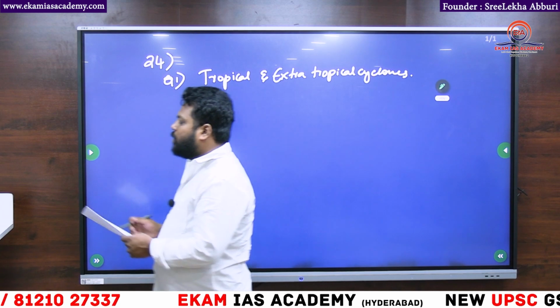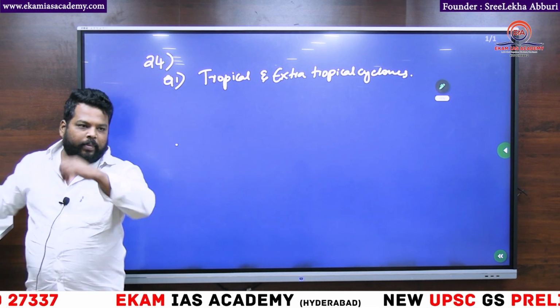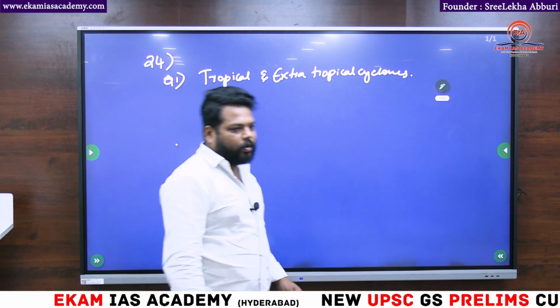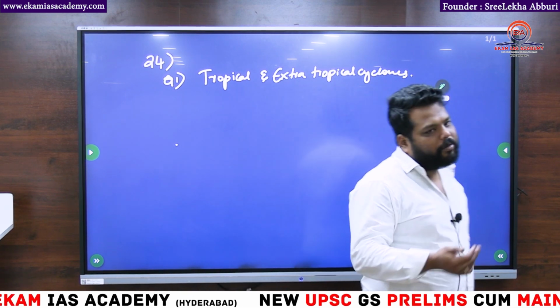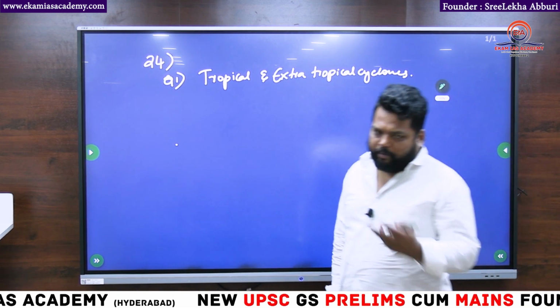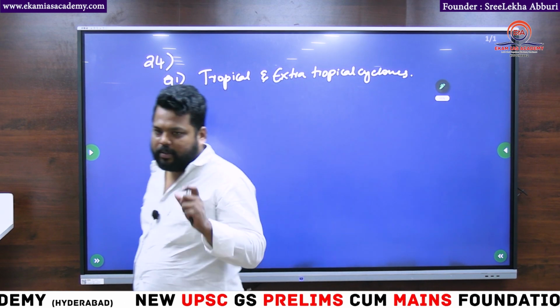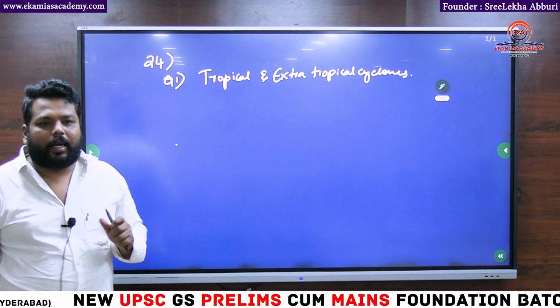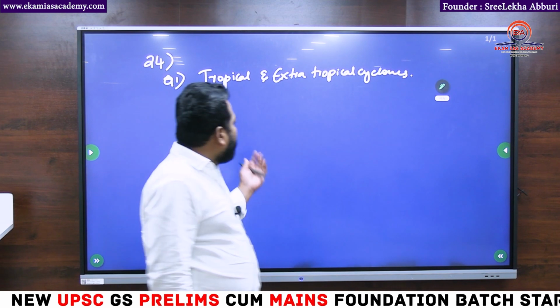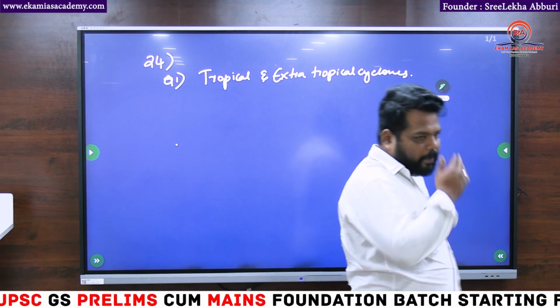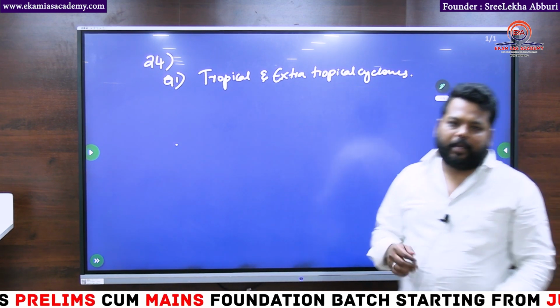Okay, so this question hails from climatology of your geography syllabus of the World Physical Geography. You have 3 major core areas, that is geomorphology, climatology and oceanography, and this question they have asked from the climatology segment.